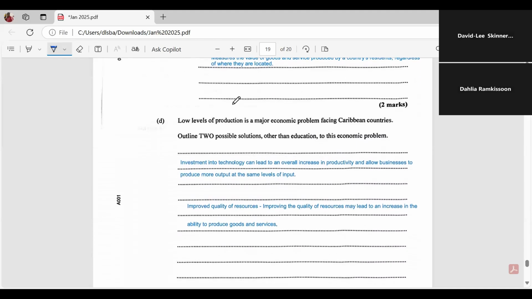Then he said low levels of production is a major economic problem facing Caribbean countries. Outline two possible solutions other than education, which is like one of the first things they would go to for this economic problem. For one, you can invest in more technology. If you have more technology, you can produce more things, right?